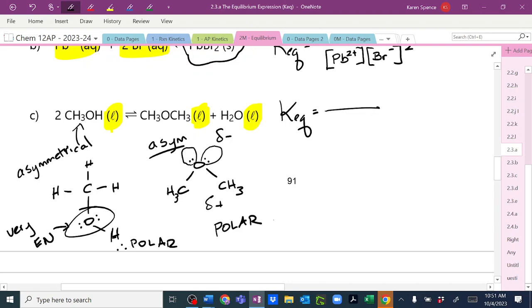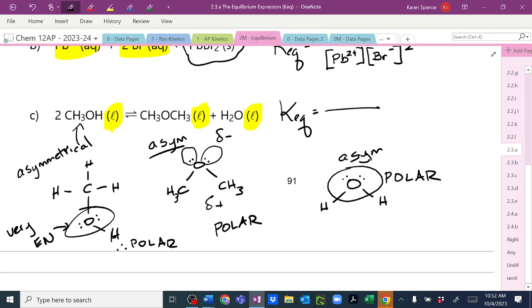And of course, we know that water is polar because it is asymmetrical, and we've got that lovely juicy old electronegative oxygen. Okay. All right. So what would we write for our KEQ here?